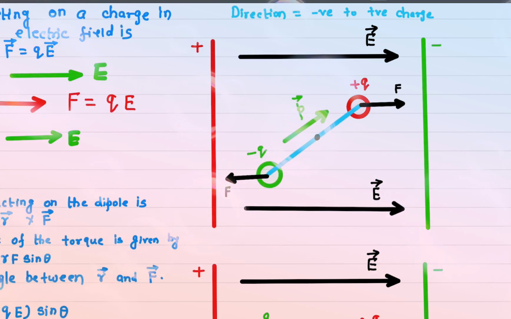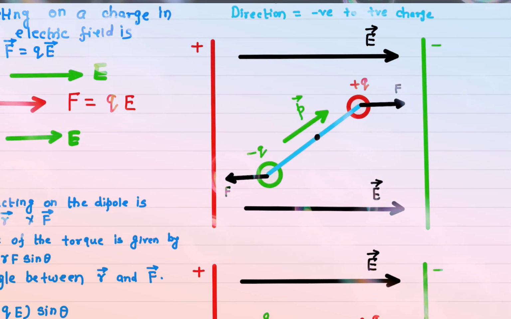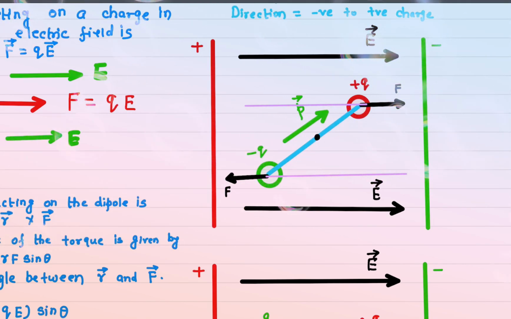That means these forces are acting along different lines. Let me draw this, it will be much clearer. For this one, the line of action is in this direction, and for this one, the line of action is in this direction. So these two forces have different lines of action.